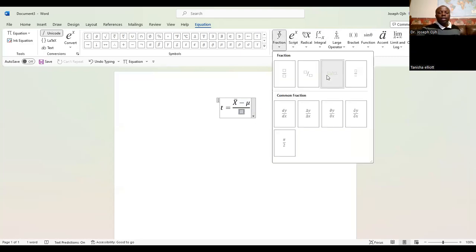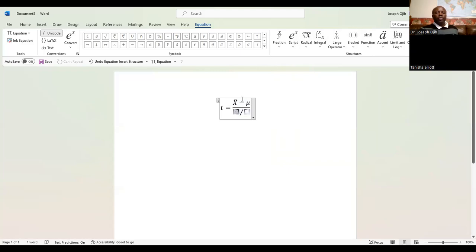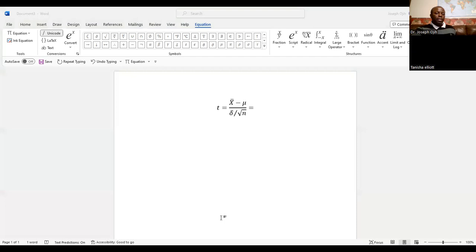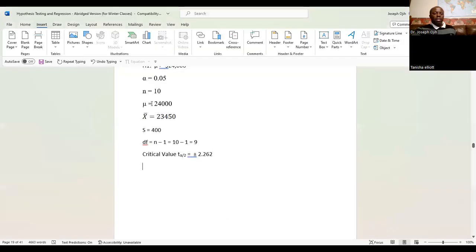Okay, the standard deviation of this over the square root of n. Putting the numbers in again to refresh your memory. Remember, these are the numbers we're working with here: n, sample mean, sample standard deviation. So let's just go and put them in.